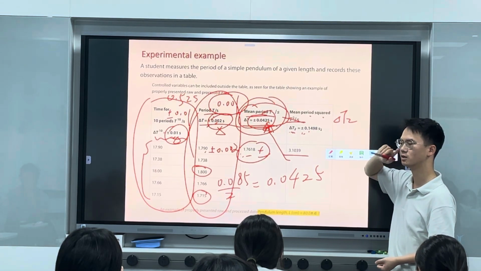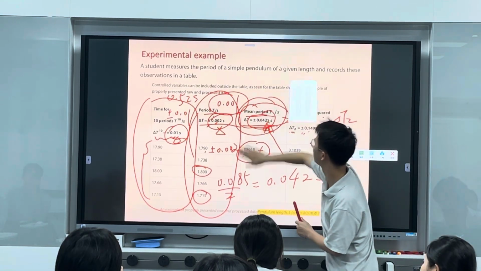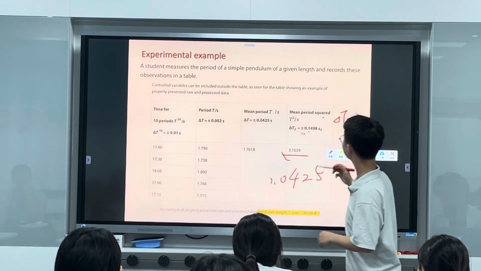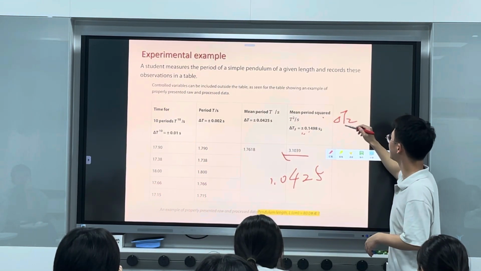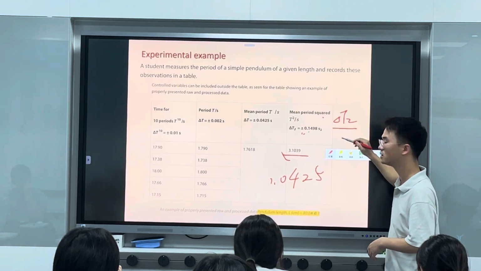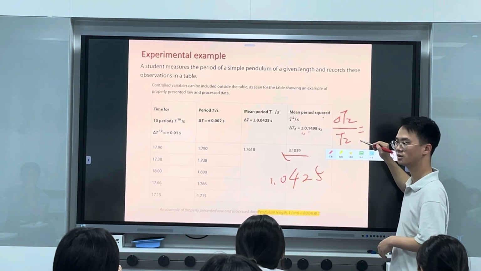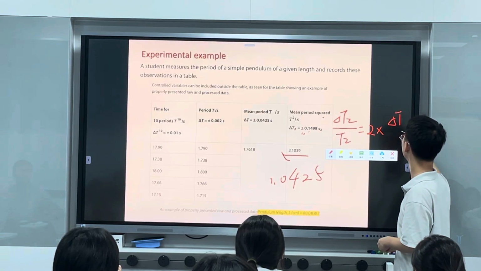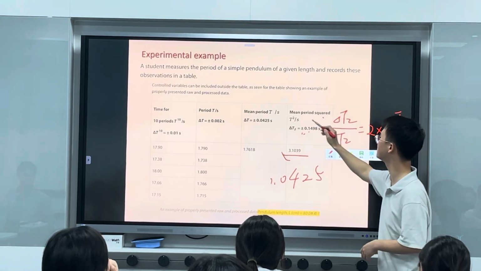Delta T squared over T squared should be equal to 2 times delta T over T. Very good. That's how you get this number.